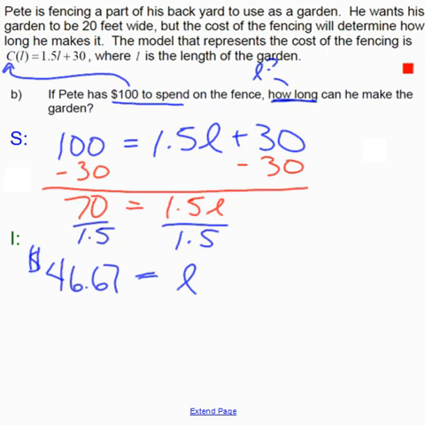So it's going to cost him, oh, wait a minute, that's not dollars. The length of the garden can be 46.67 feet. So probably we ought to round it off a little more and say the length can be approximately 47 feet.